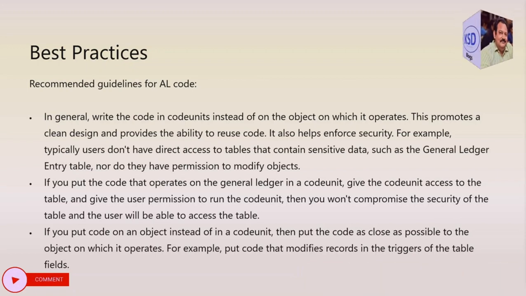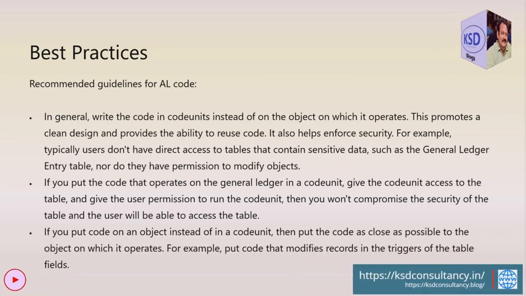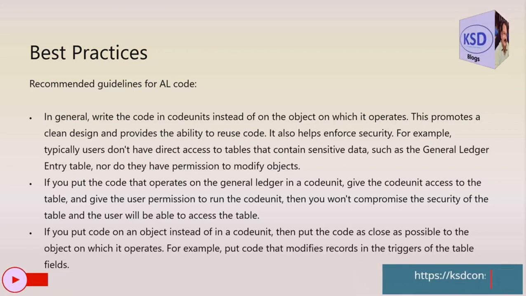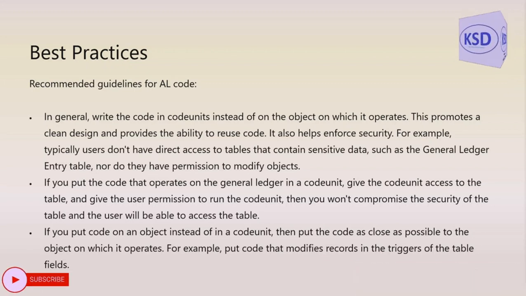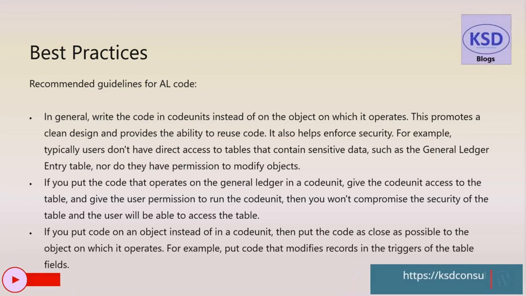So if you put the code that operates on the general ledger in a code unit, you can easily give the code unit access to that table and give the user permission to run the code unit. It means you are not giving the user direct access to your general ledger.